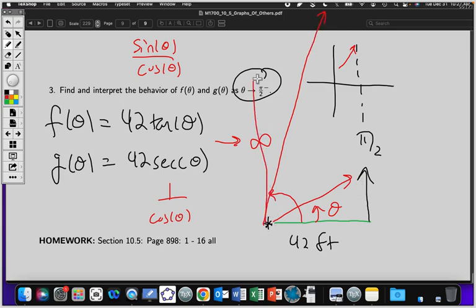And the closer that gets to pi over 2, the more vertical the rocket has become, which explains why those distances are heading off to infinity. All right. So there's a practical application of when you would use a tangent and a secant, and a practical application or observation of what would generate a vertical asymptote. Okay, so that'll do it there for section 10.5.